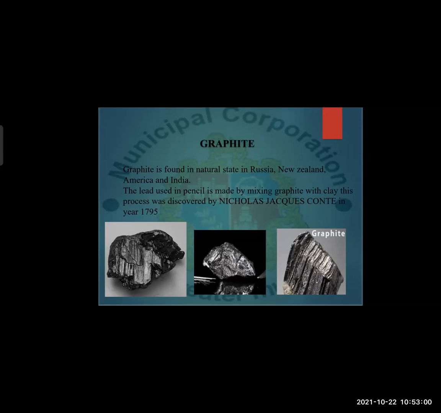It is made up of graphite and clay. This process, in which the lead is made for use in the pencil, was discovered by Sir Nicholas Jacques Conti in 1795, at least 230 years ago.